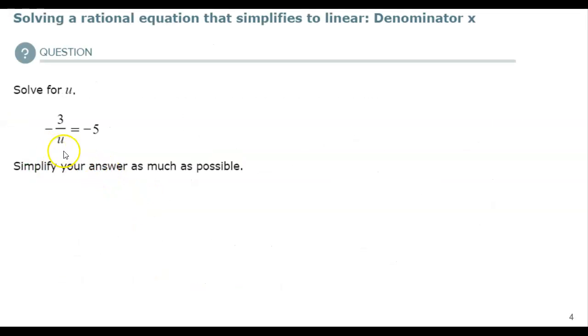So this is similar to the last problem, where the denominators are not the same. So I can go ahead and rewrite this. I'm going to put that negative up with the 3, and I'm going to write that negative 5 over a 1.